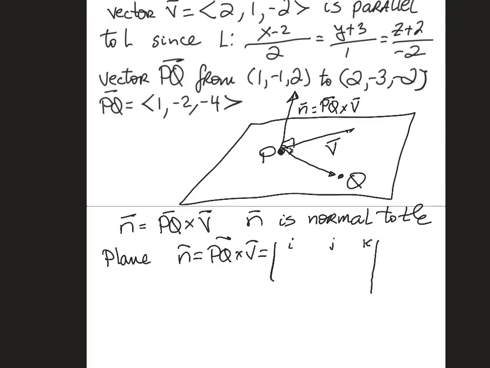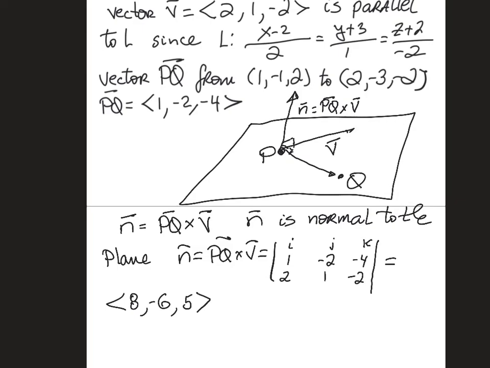So we write down vector PQ in the second row, 1, negative 2, negative 4. And we write vector V in the third row with components 2, 1, and negative 2. And you should check that the cross product of these two vectors is the vector 8, negative 6, and 5.